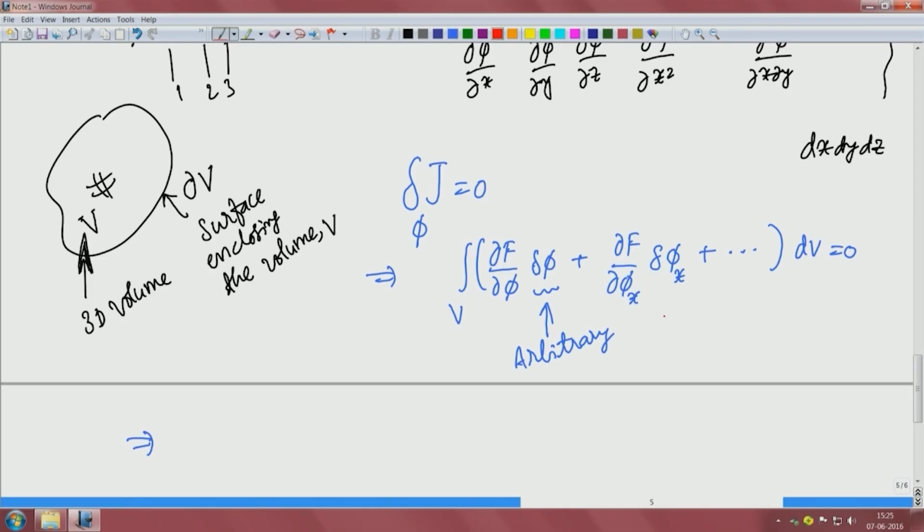Now, when you have things like this, we use the same trick that we used before, that is we replace that with something that involves only δφ and not δφ_x. So, when we do all that, we collect all the terms that have δφ, and that gives us the differential equation, and then the δφ which will be in the boundary part.